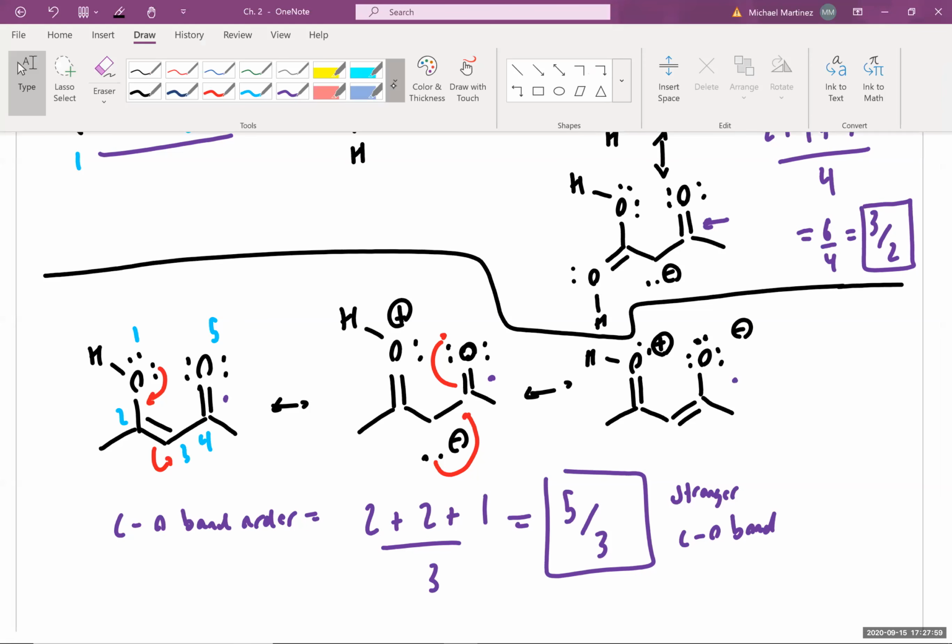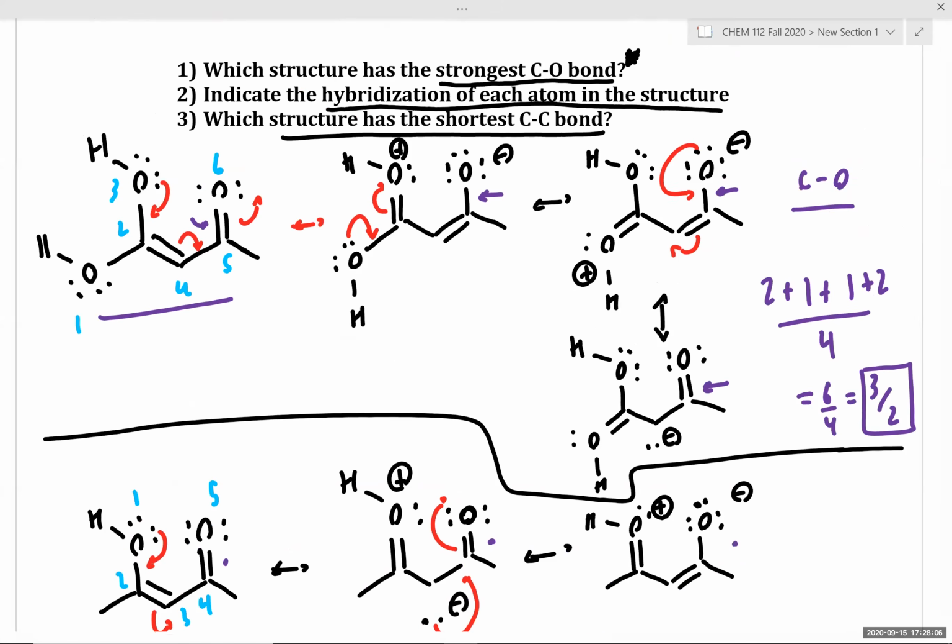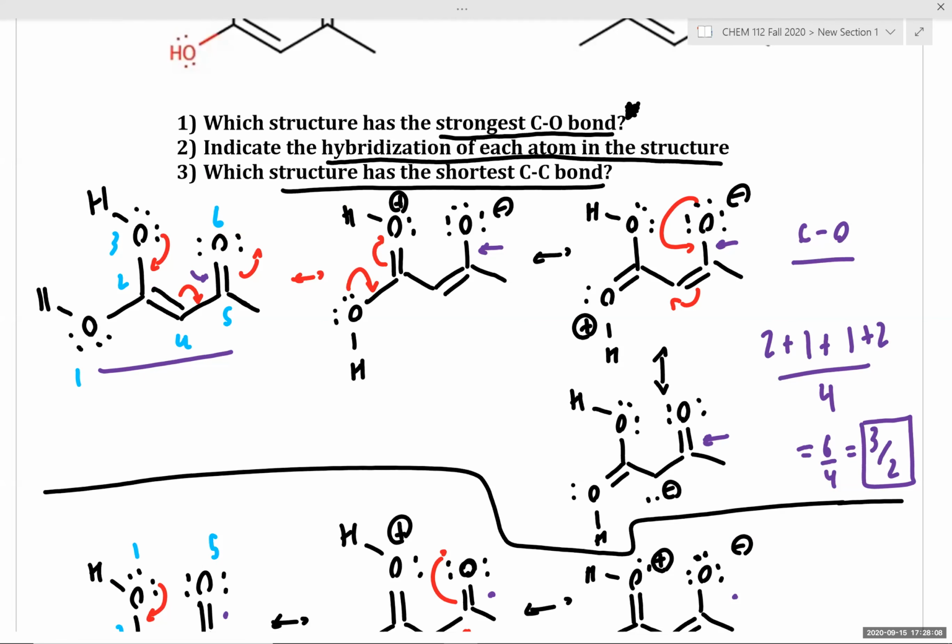Okay, so now let's look at our second case, the carbon-carbon bond order. So the shortest carbon-carbon bond has the greatest bond order. So let's just look at our original bond here. We're going to focus in on this bond, okay?